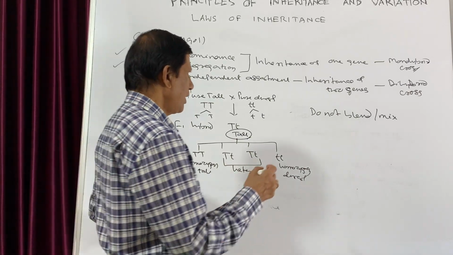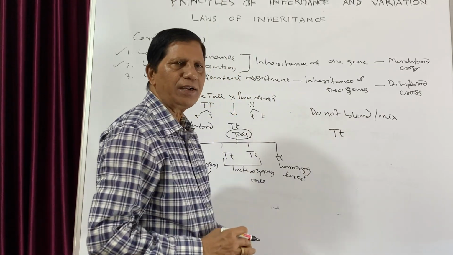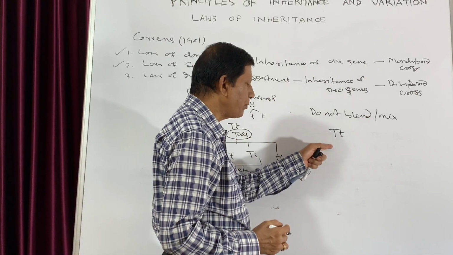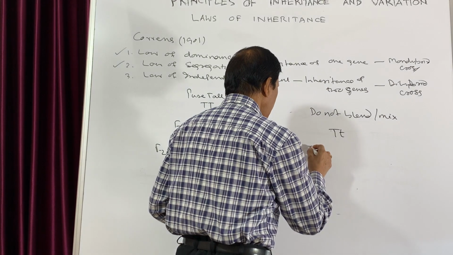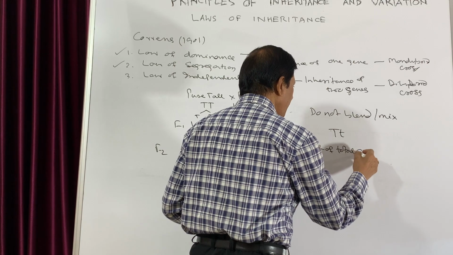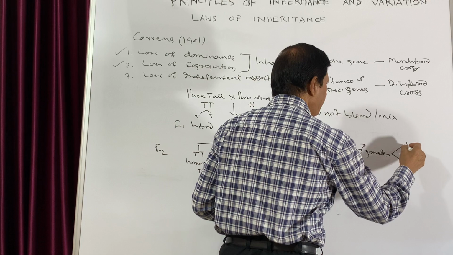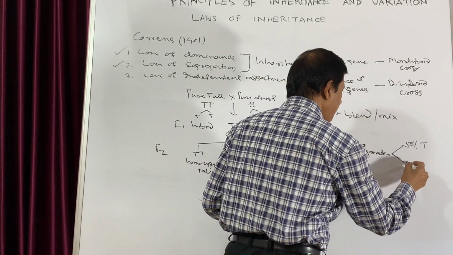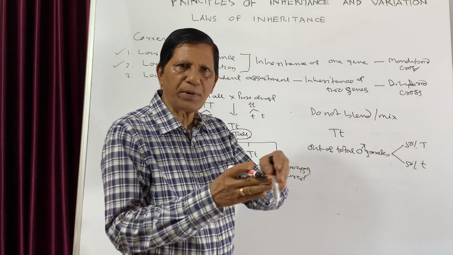Now the heterozygous plant, the F1 hybrid, has genotype capital T small t. When it produces male gametes, out of the total male gametes, 50% will carry capital T and 50% will carry small t. They will separate and segregate.